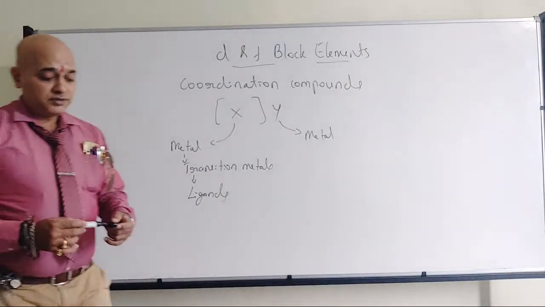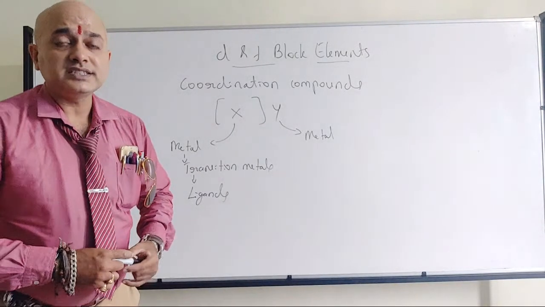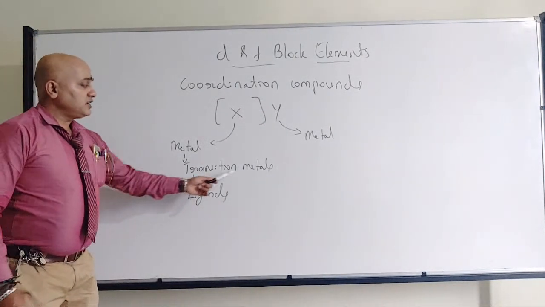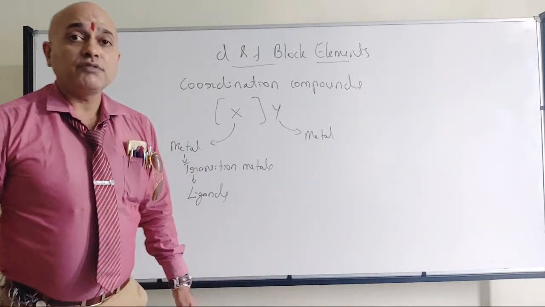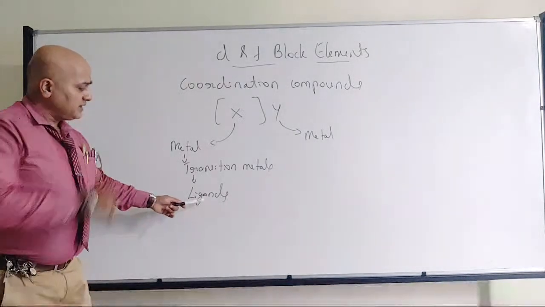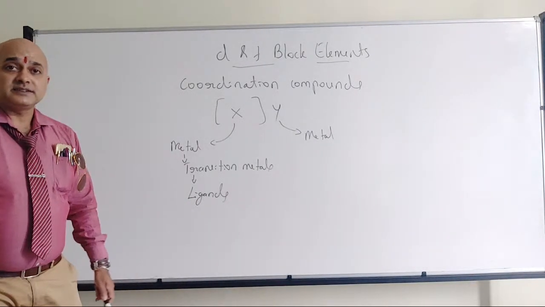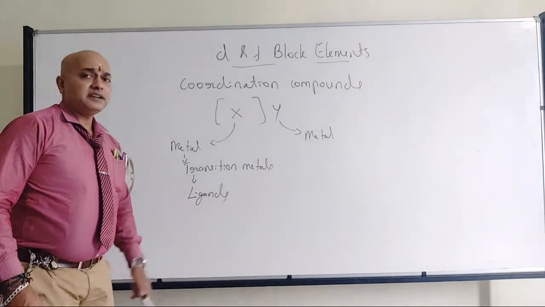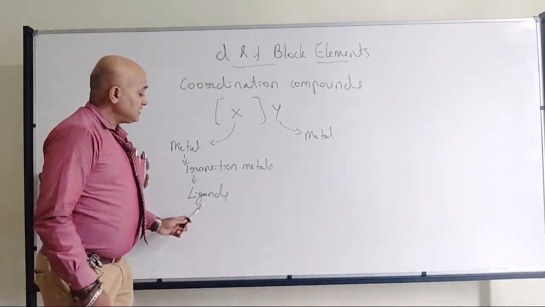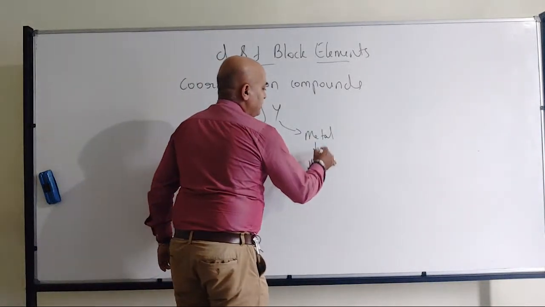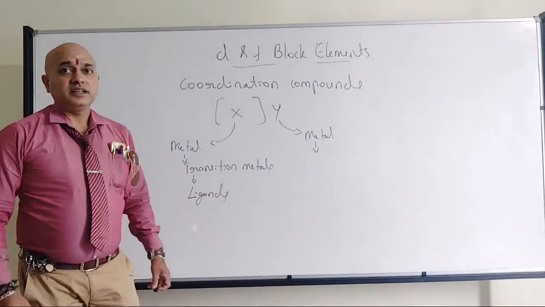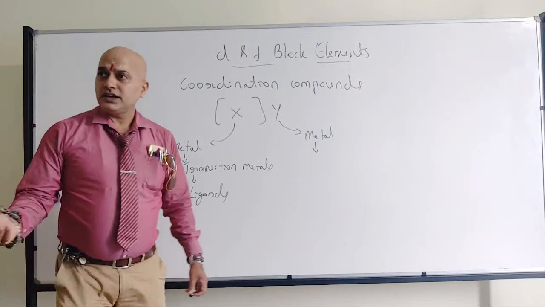I am not going to explain in detail because this chapter has already been done. So in all coordination compounds, the transition metal is the one which makes the coordinate bond with the ligands, right? Outside it can be any metal, even sodium or potassium, whatever.